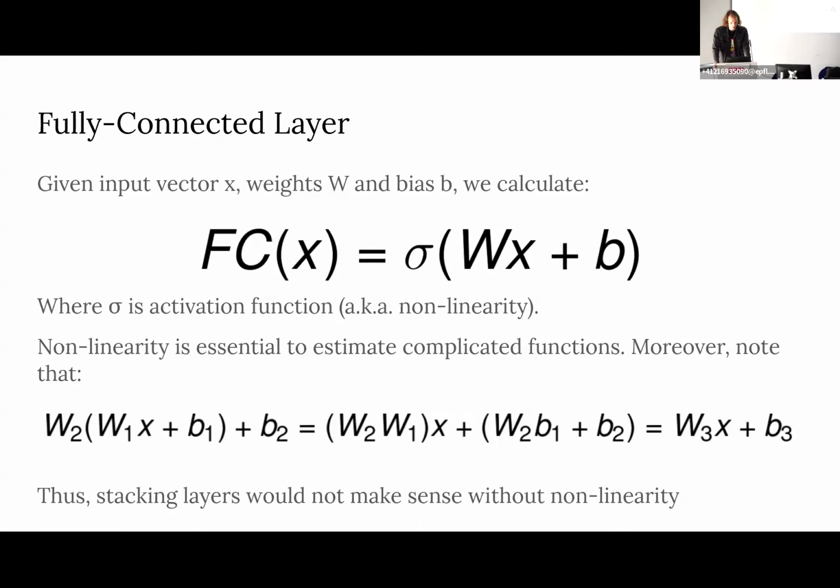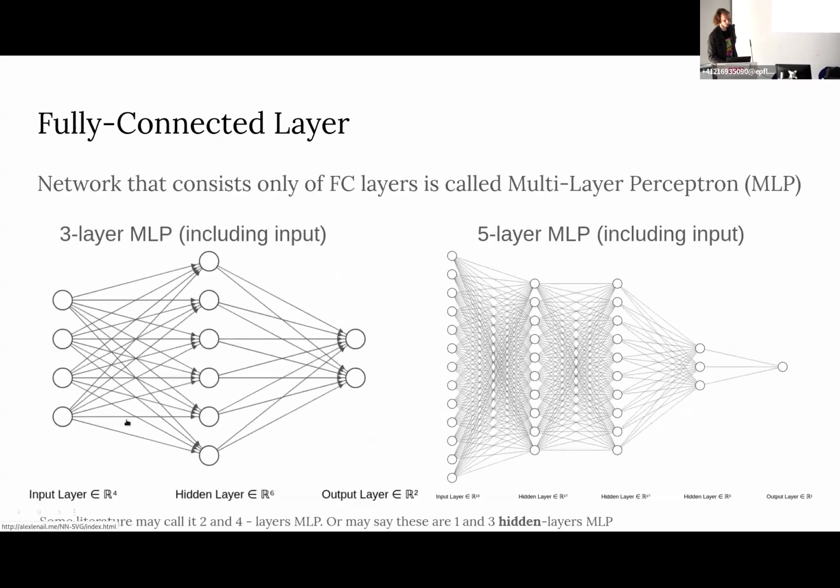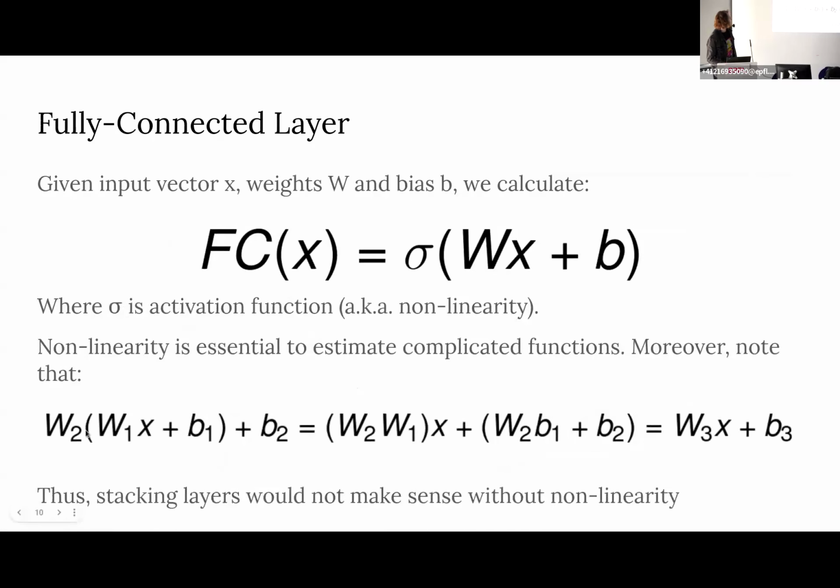But why do we need nonlinearity? Imagine we do not have this sigma here, we only have Wx plus b. And let's say we have one matrix W here and another matrix W here, let's say W1 and W2. In the first layer, we calculate W1x plus b1. And then in the second layer, we multiply this by W2 and add b2.